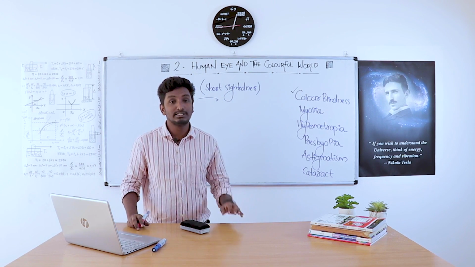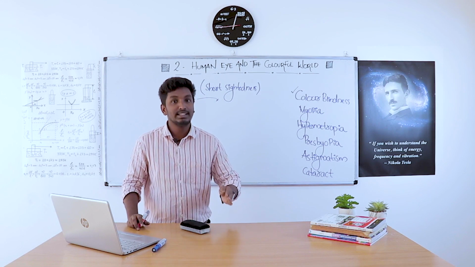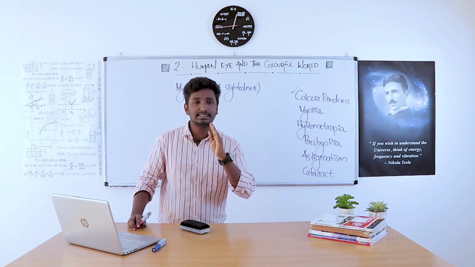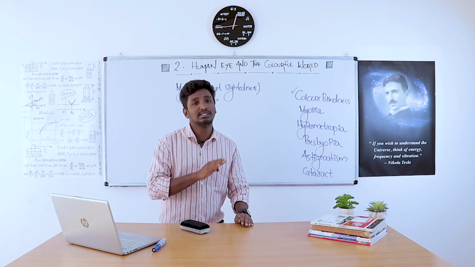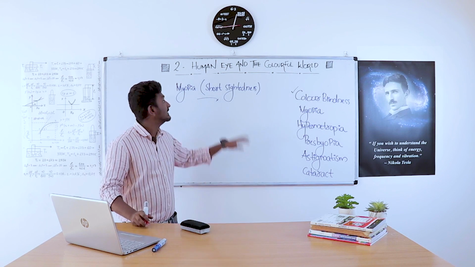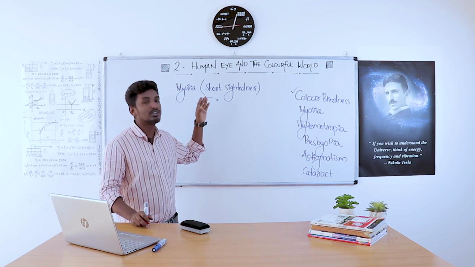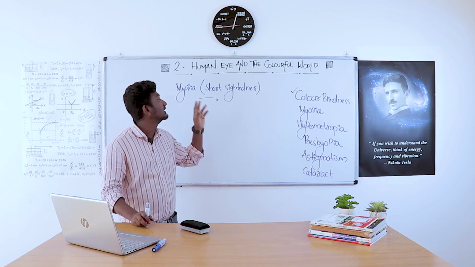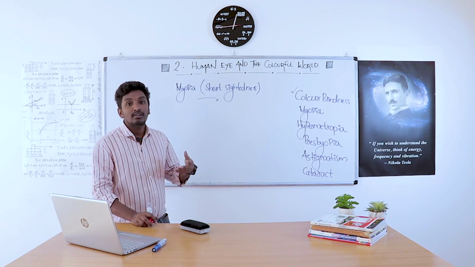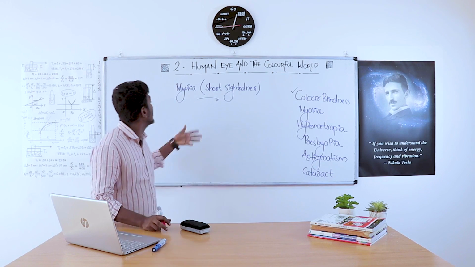So what is myopia? It is a defect in the human eye due to which a person can see nearby objects clearly but cannot see far objects clearly. This defect is known as myopia or short-sightedness. What is the reason behind this?